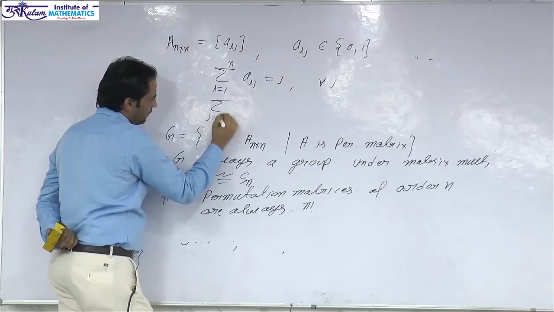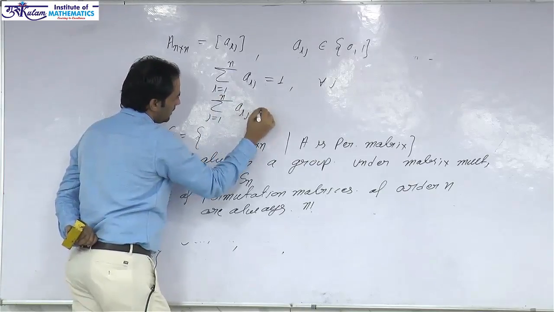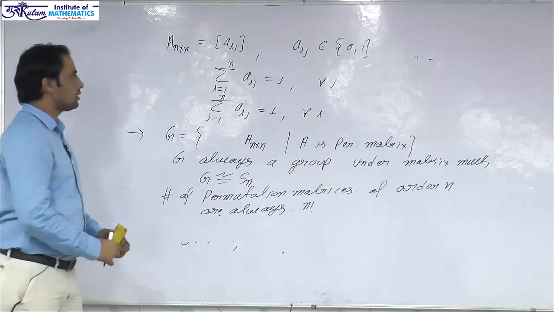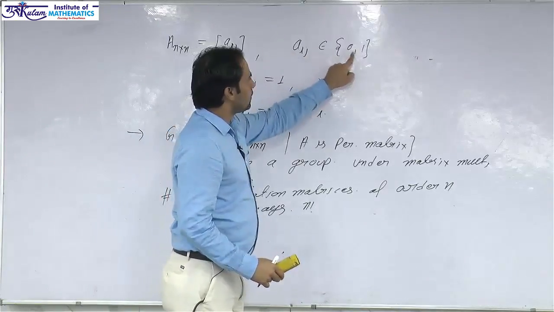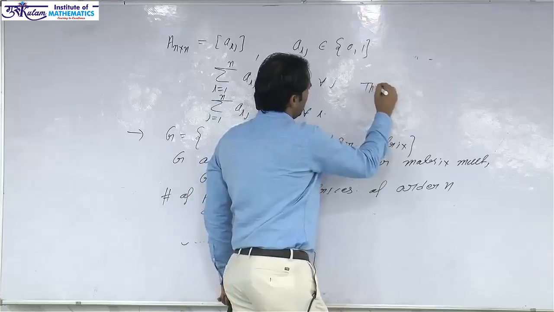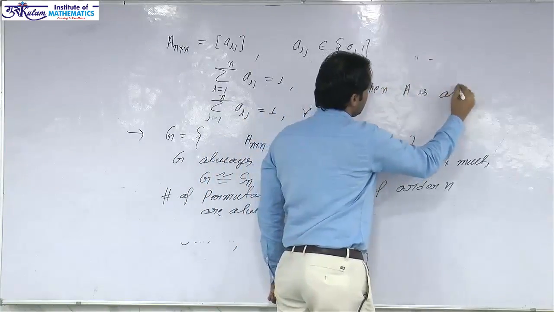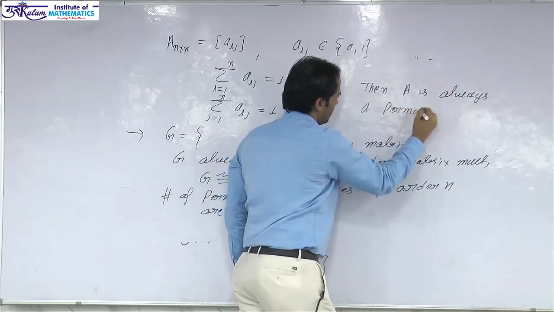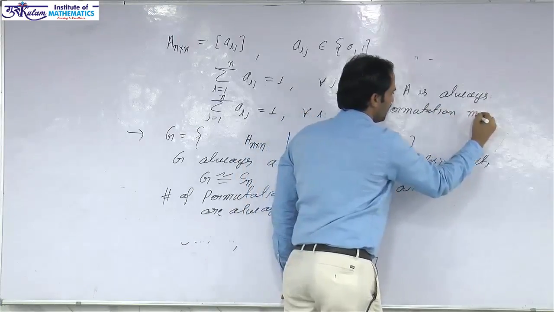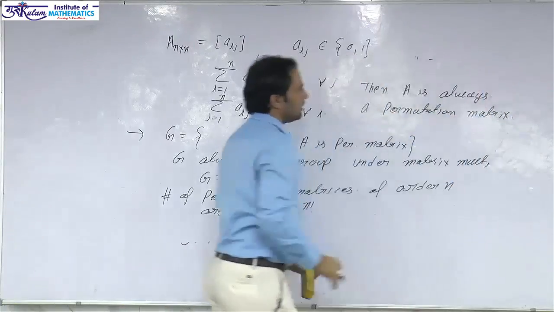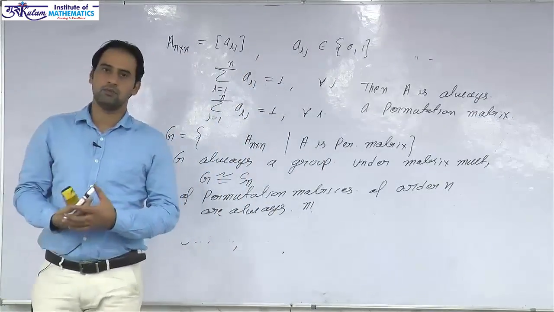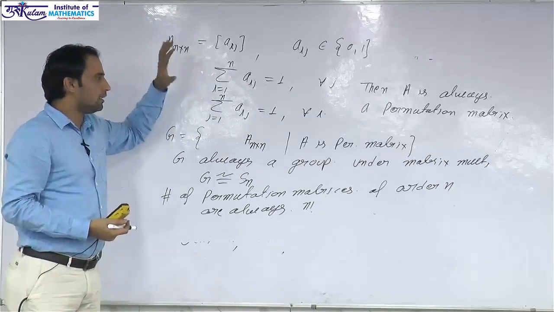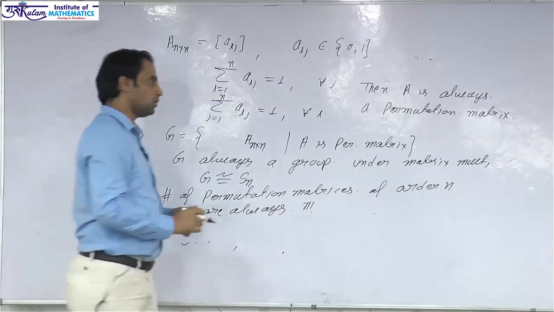Similarly, for all i, the sum over j from 1 to n of Aij is equal to 1, that is, each row sum is 1. If each column sum is 1, each row sum is 1, and entries are from 0 and 1, then A is always a permutation matrix. That is, any matrix whose entries are either 0 or 1, with each row sum 1 and each column sum 1, always represents a permutation matrix.